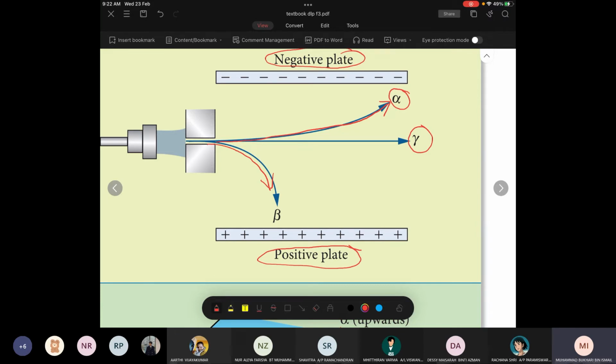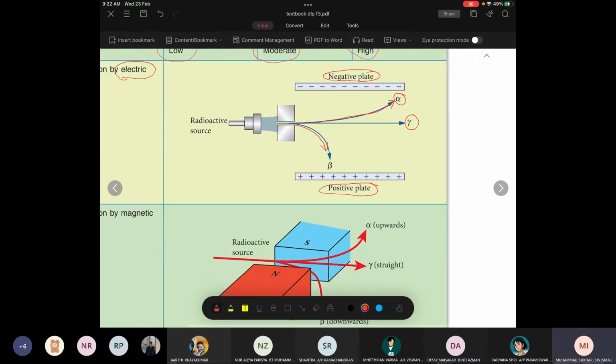But alpha has higher mass. That's why it is not deflected so much compared to beta. Because alpha is heavier, it has higher mass, so it takes a little bit longer time to be deflected towards the negative plate. Any question about that?